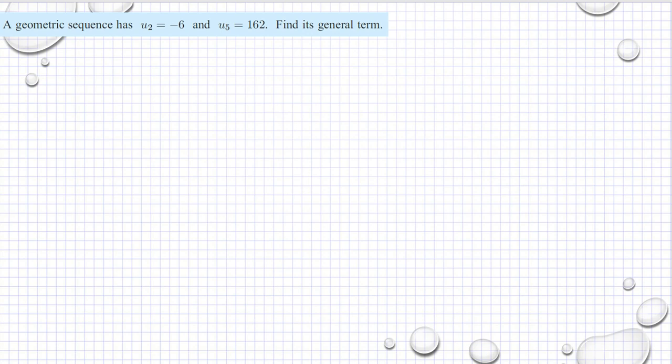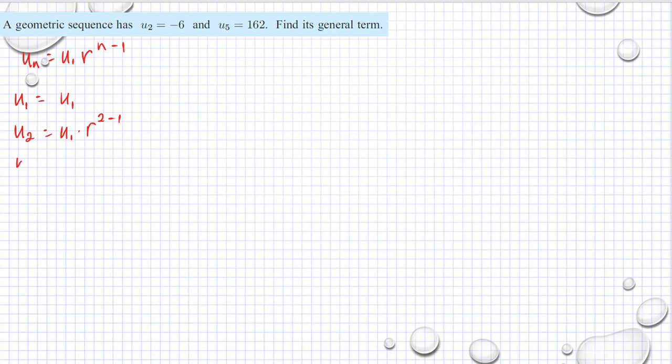Okay, another. A geometric sequence has u2 equal to -6 and u5 equal to 162. Find its general term. So we have u sub n is equal to u sub 1 multiplied by r raised to n minus 1. u sub 2 is equal to u sub 1 multiplied by r raised to 2 minus 1.